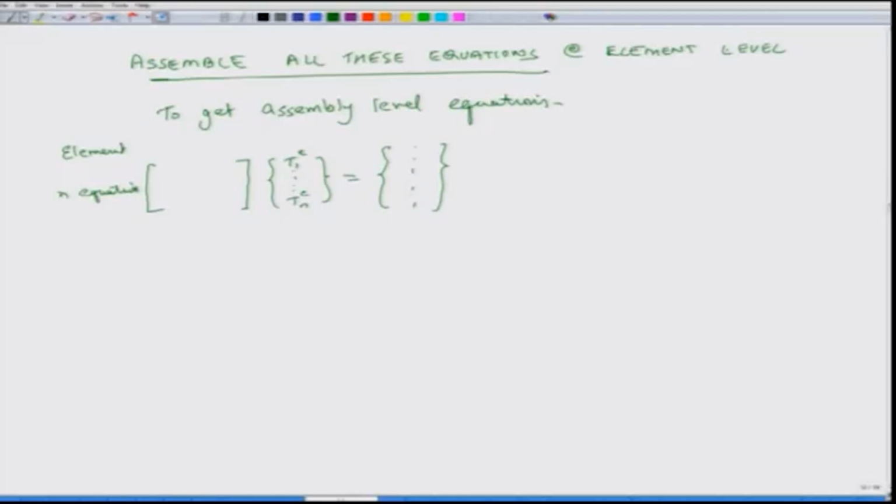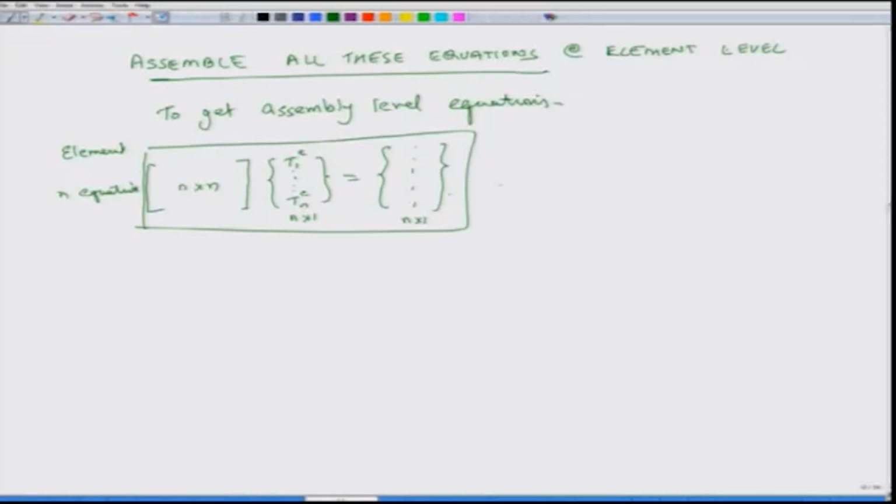This will be the format of those equations in matrix form. Agreed? This will be an n by n matrix. This will be a vector or a column matrix which will have n rows and 1 column, and this will also have n rows and 1 column.